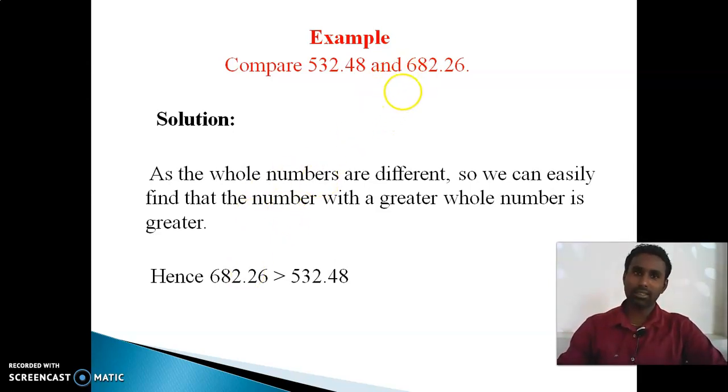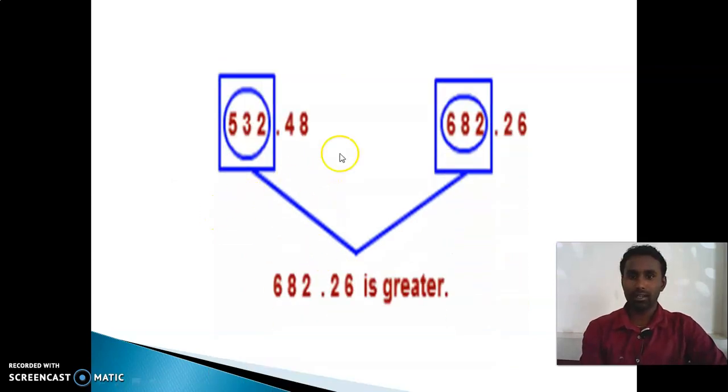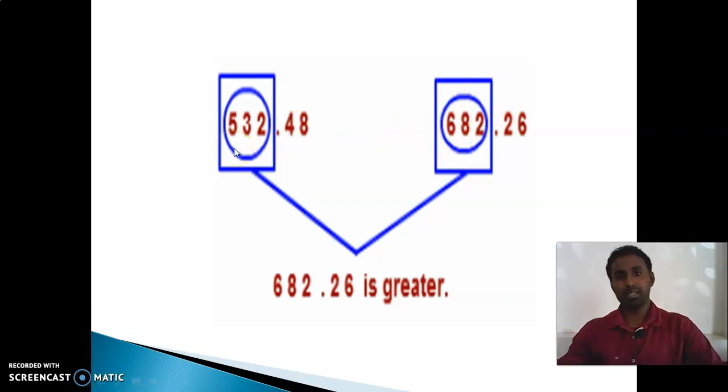In this case 682.26 is greater than 532.48. Understand? In 682.26 we have 600, here 500 only. So 532.48 is lesser and 682.26 is greater.